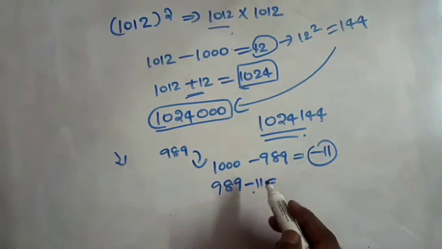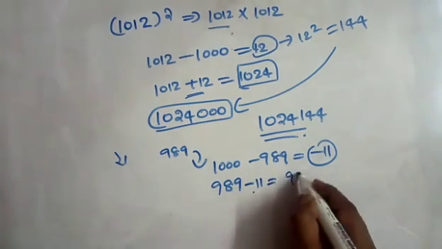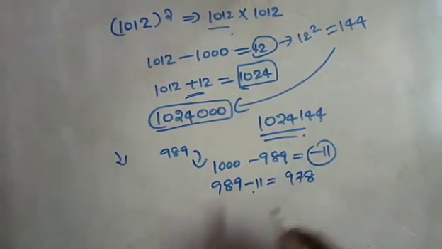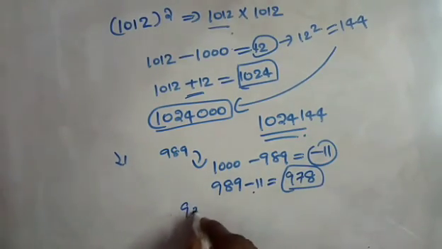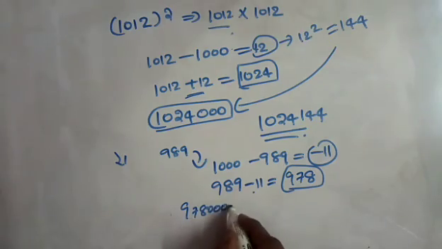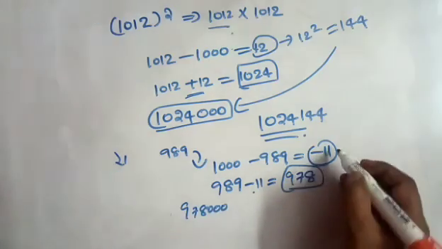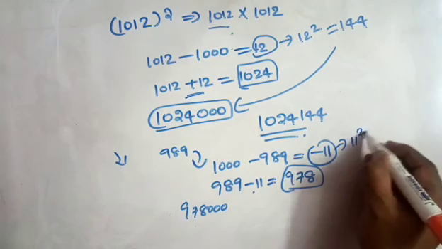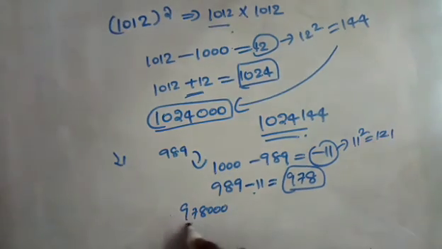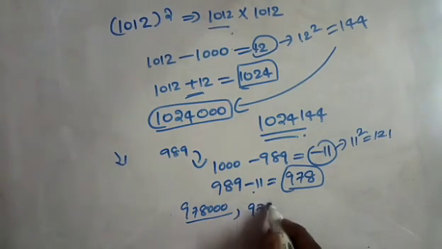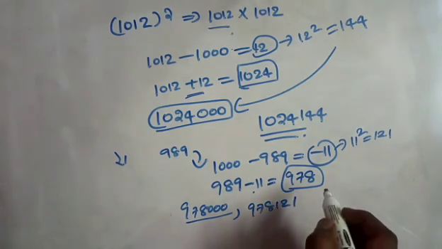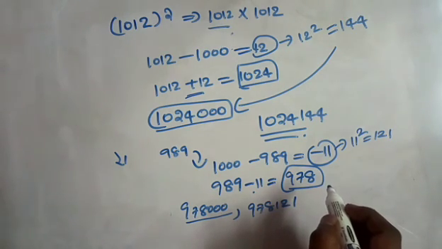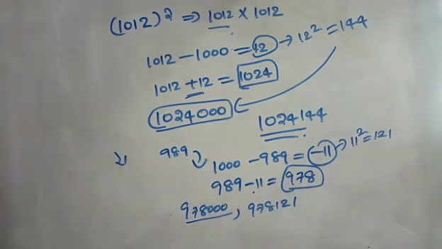So how much does it come? Around 978. For 978, you put three zeros, and the other part you make the square of 11, which is 121. So here it will become 978121. So like this you are going to find squares of numbers which are near to 1000.